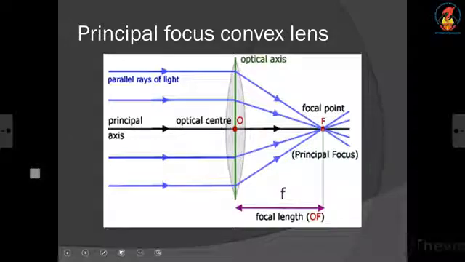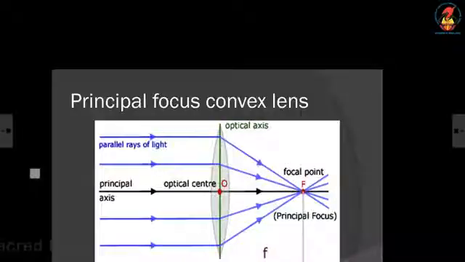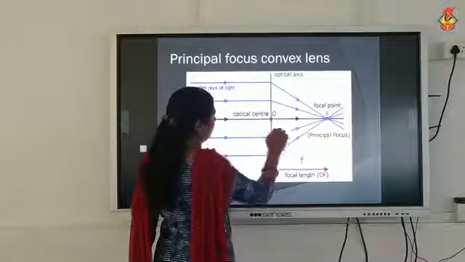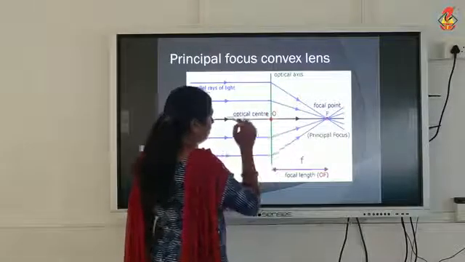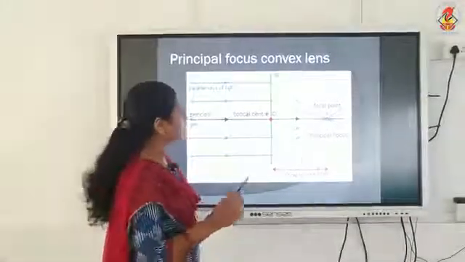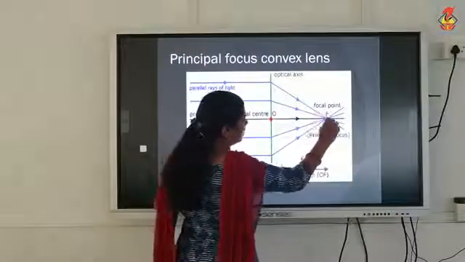So, parallel light rays will pass through the lens and at this point refraction will take place, means bending will be there for the light rays here and here.